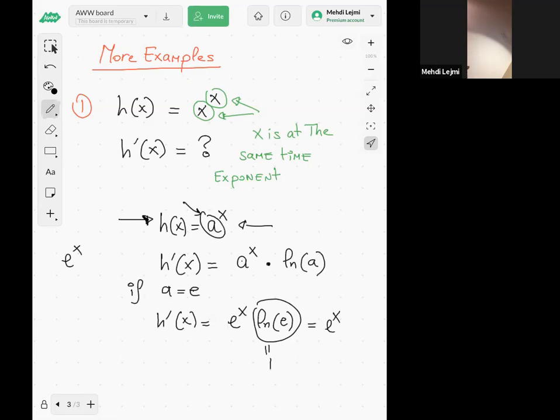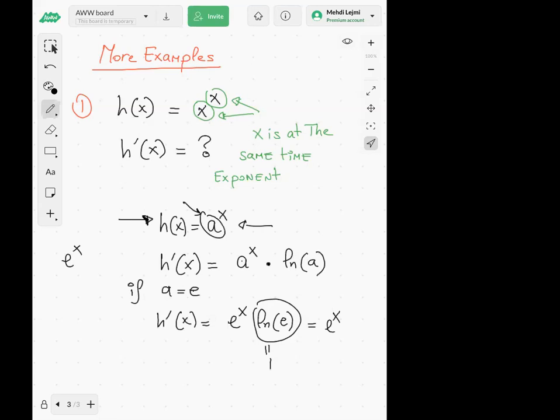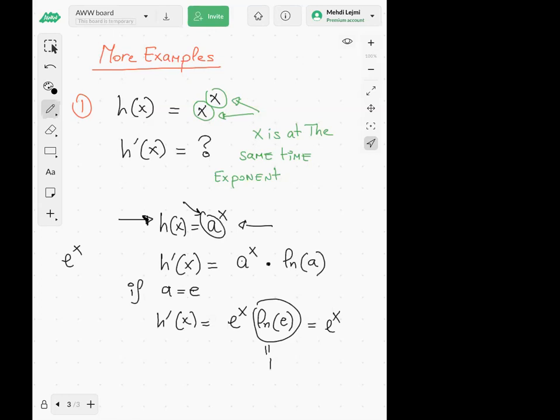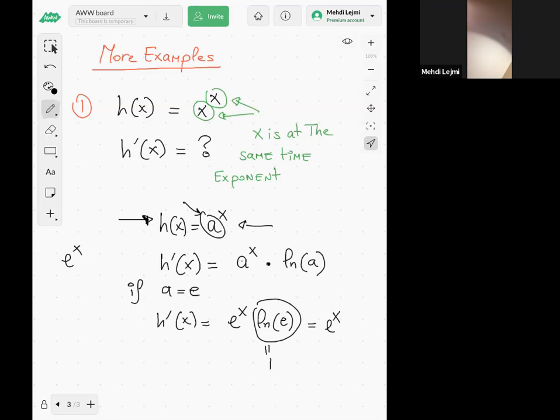Now, there's a special case when a is equal to e. That's e to the x, and the log in base e is the natural log. Okay, got you. But anyway, this is x to the power x.